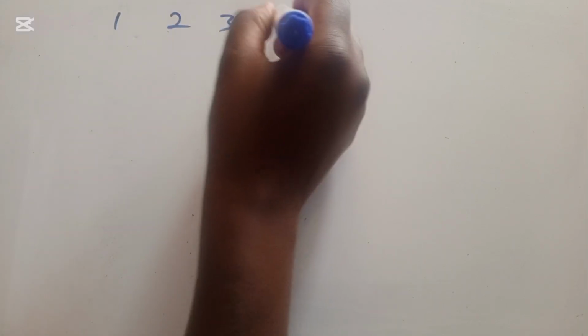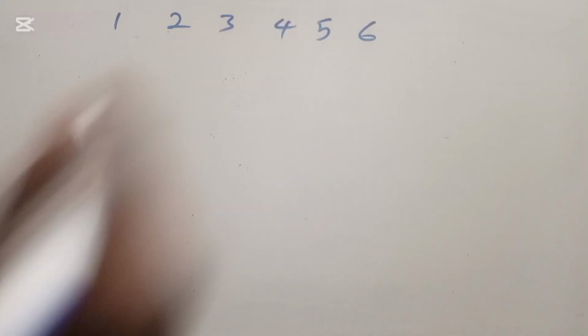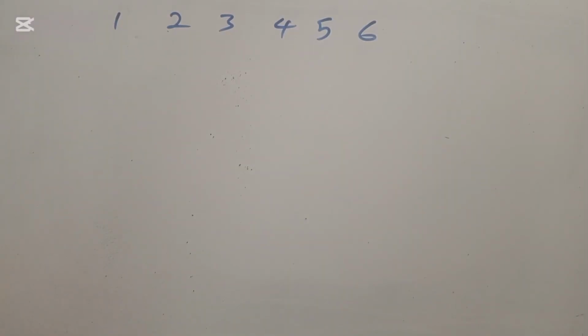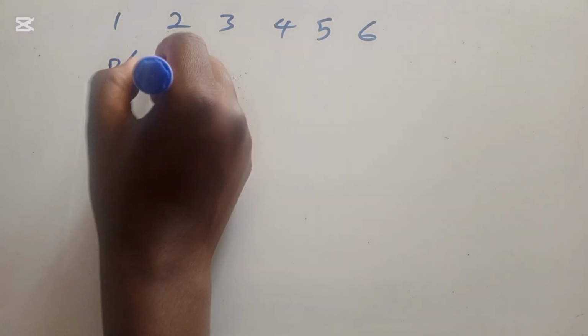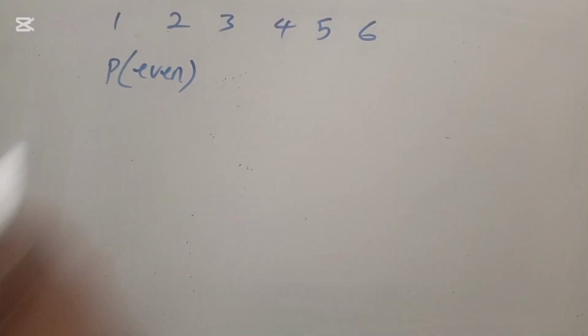So if you label the die 1, 2, 3, 4, 5, 6. So each side of the die has a number and you have rolled. So we are being asked what's the probability you are going to get an even. So you need to identify how many even numbers you have.